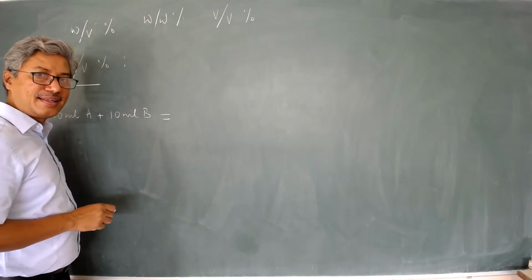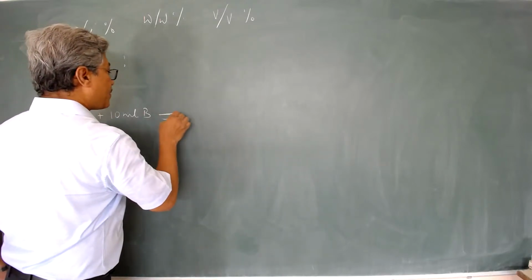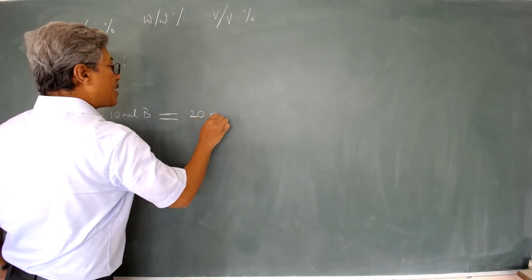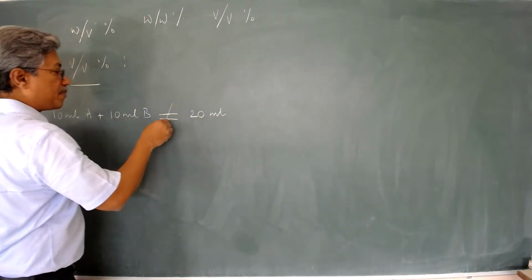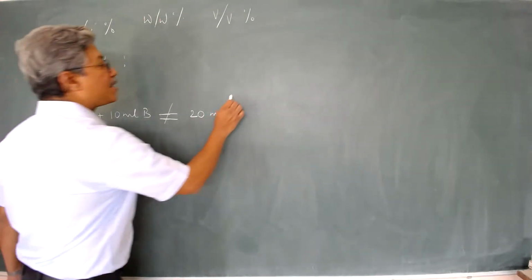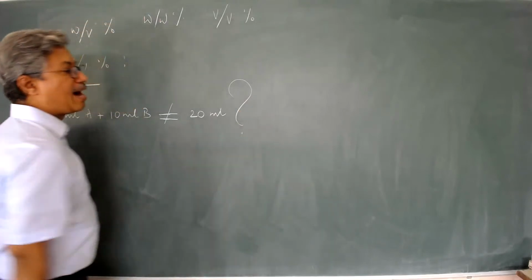Is it 20 ml? See here, students. It may be equal to 20 ml or may not be equal to 20 ml. Then one huge question you may have here: how is it possible?